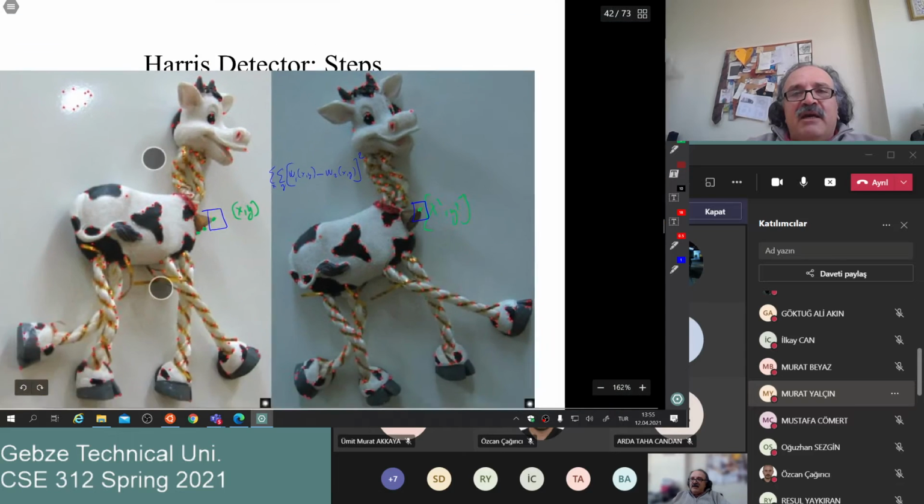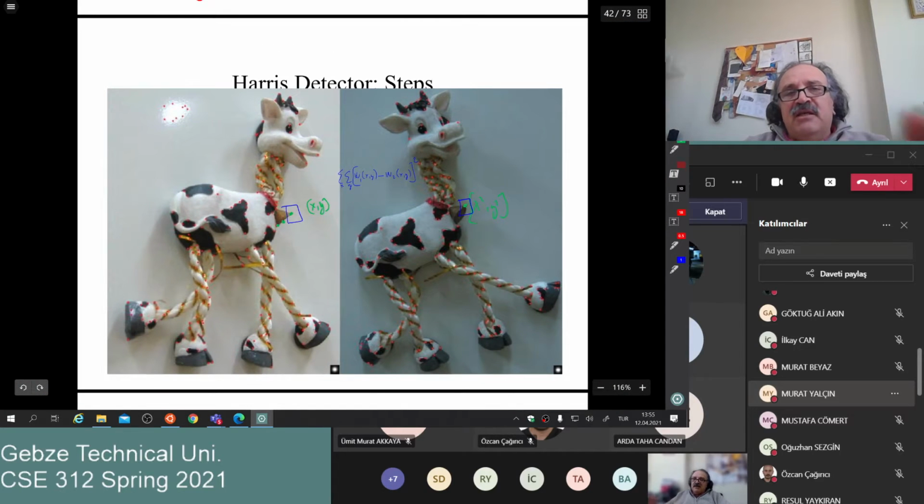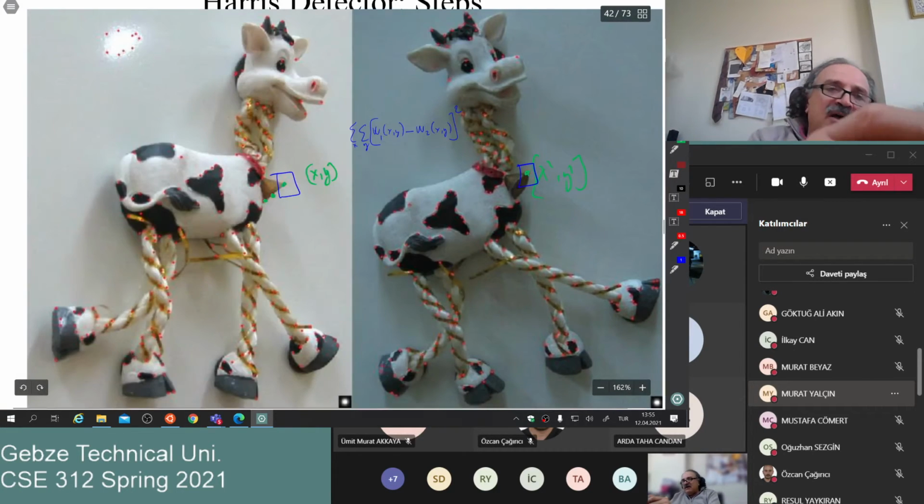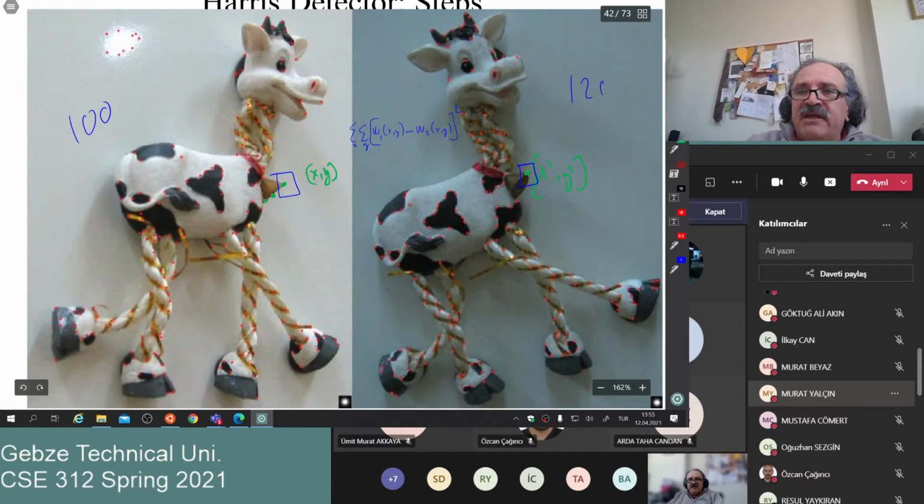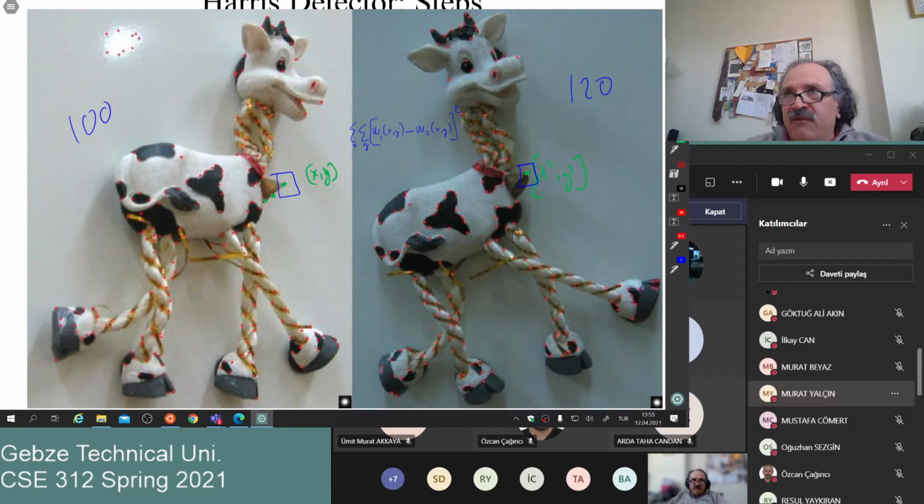Okay, I run the Harris corner detector. I found 100 corners here and 120 corners there. I need to match each corner to somebody else in the other image so that I find the correspondences. How am I going to do that?